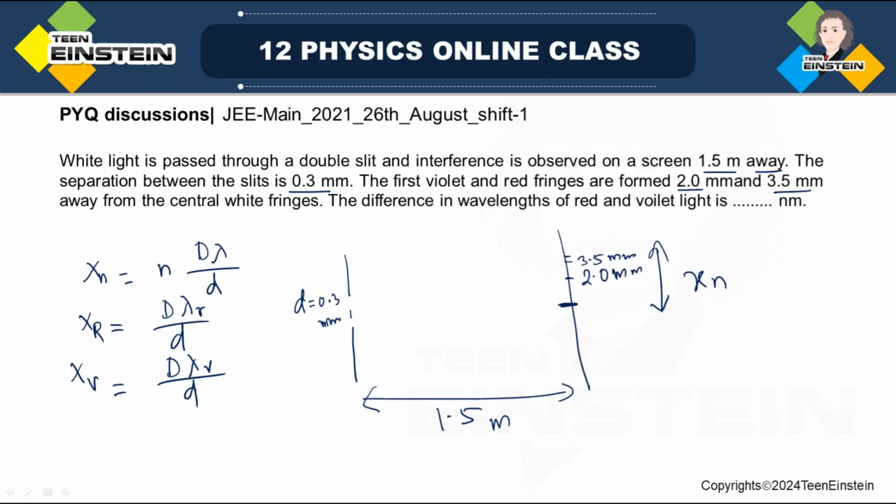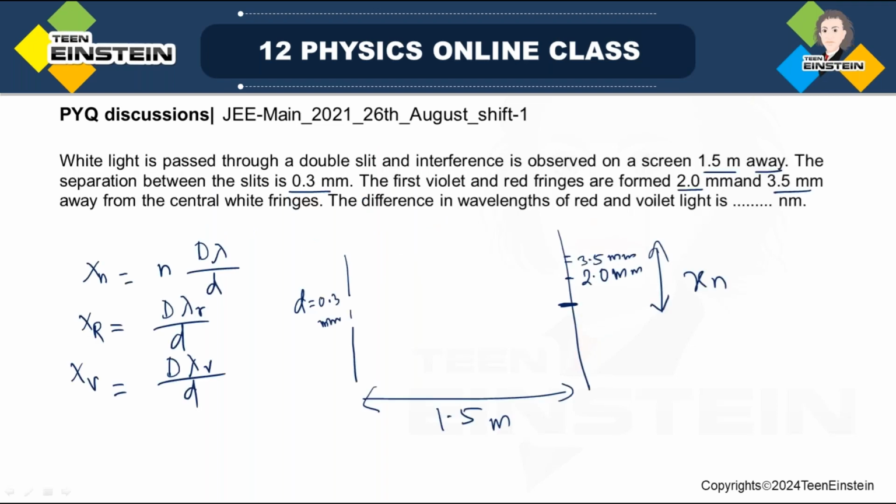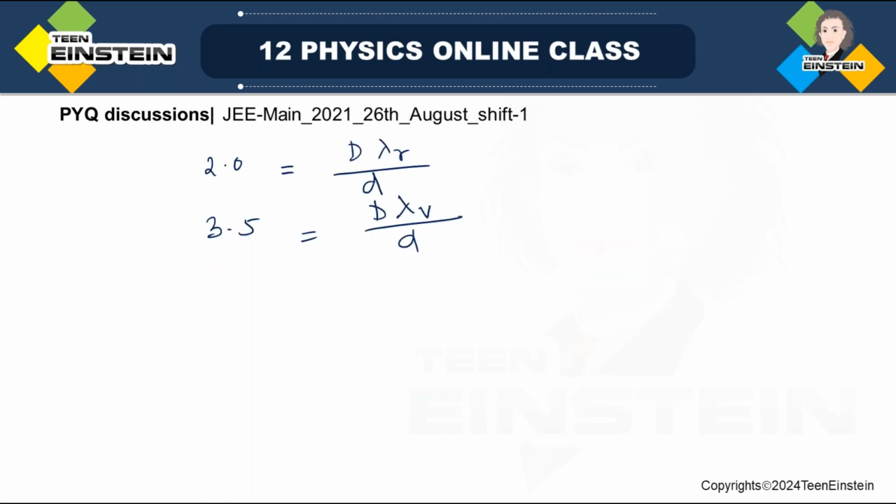we have to find out the difference between the wavelengths, so let us find out the wavelength itself. So this is D lambda_r by small d, and here it is 3.5, D lambda_v by small d. Let me cross check: violet is 2 and red is 3.5.